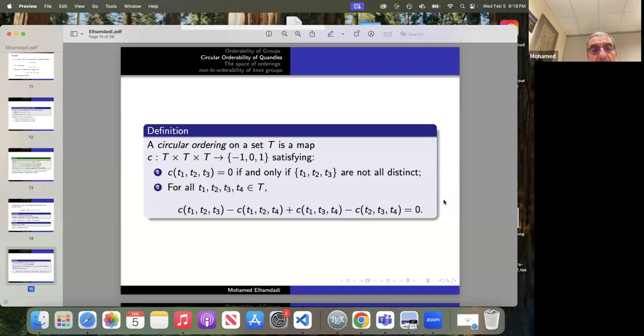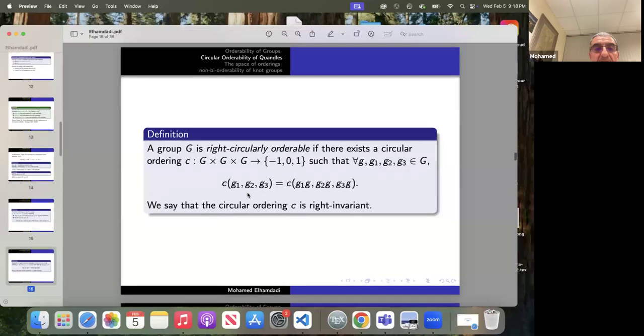If any two elements are equal, then it's 0. And if you have four elements T1, T2, T3, T4, you have the following equation. Basically, this is a 2-cocycle. You get rid of T4, and you alternately put plus and minus. The second time, you get rid of T3, you have C of T1, T2, T4, and so on. This is what is called a circular ordering on a set.